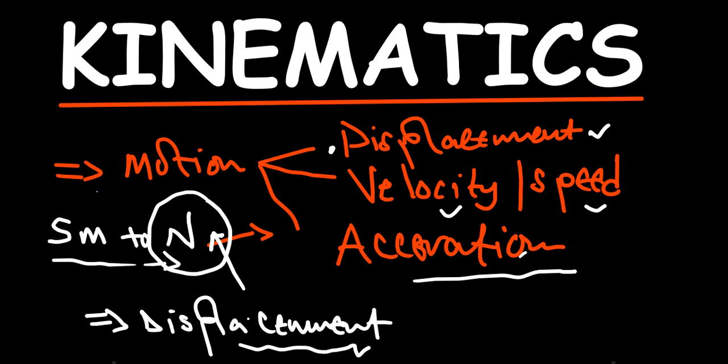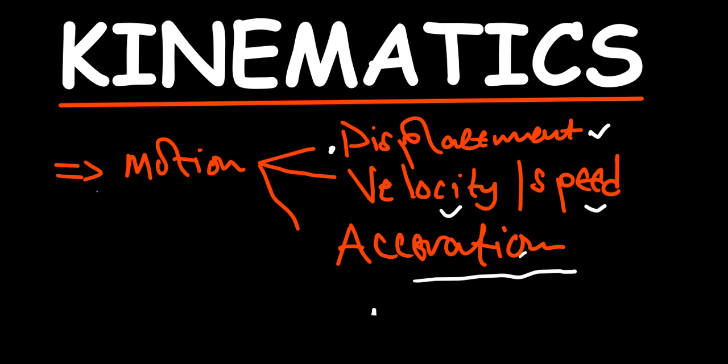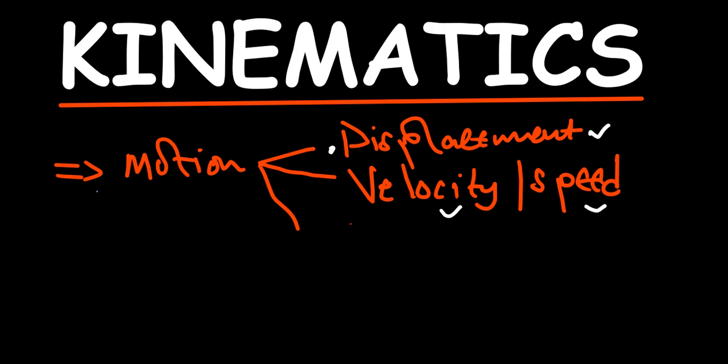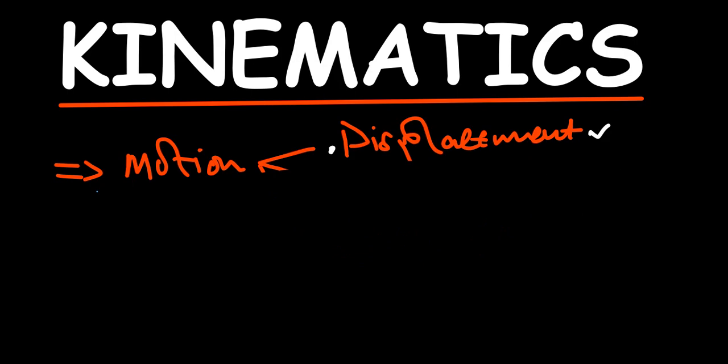And then what about the velocity? I'll keep this class as simple as I can. The velocity is simply the change in the displacement. Here we have velocity, and on the other side I'm going to write speed.